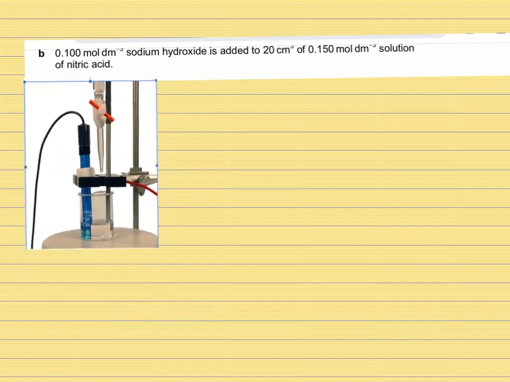Since it's a strong acid and a strong base, let's see how many moles we've got. We know the amount in moles is concentration times volume, and we know that the nitric acid is 20 centimetres cubed, and that's its concentration. So that's 20 times 0.15 times 10 to the minus 3.